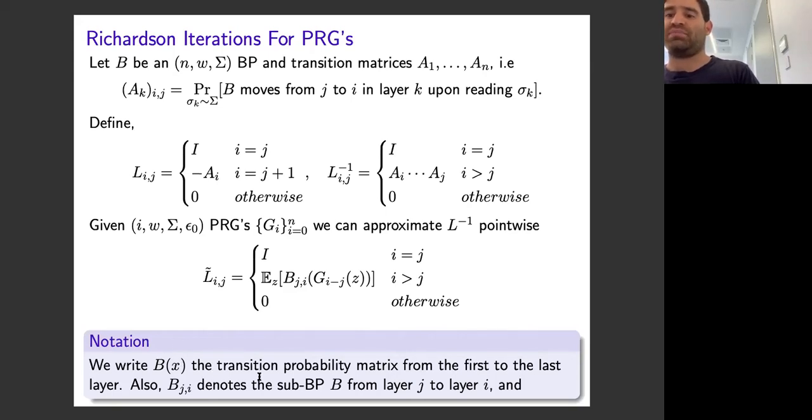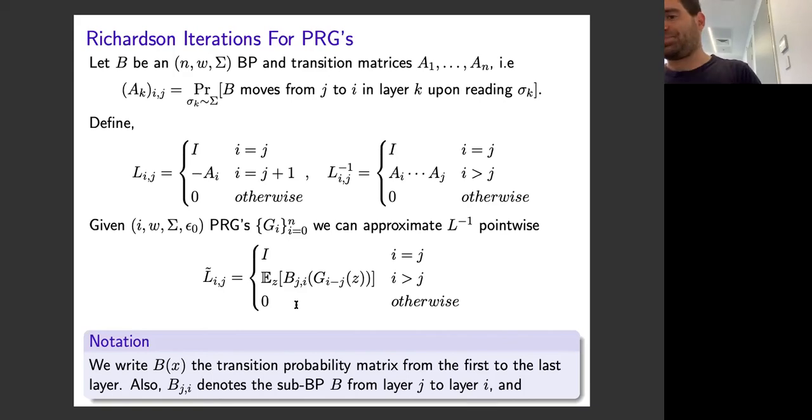So B of X is simply the transition matrix from the first to the last layer instead of just accept, reject. So this is actually a permutation, not a real probability for an input.